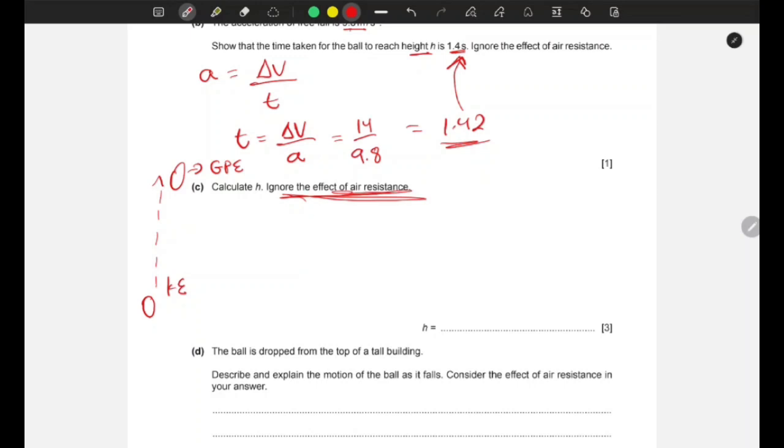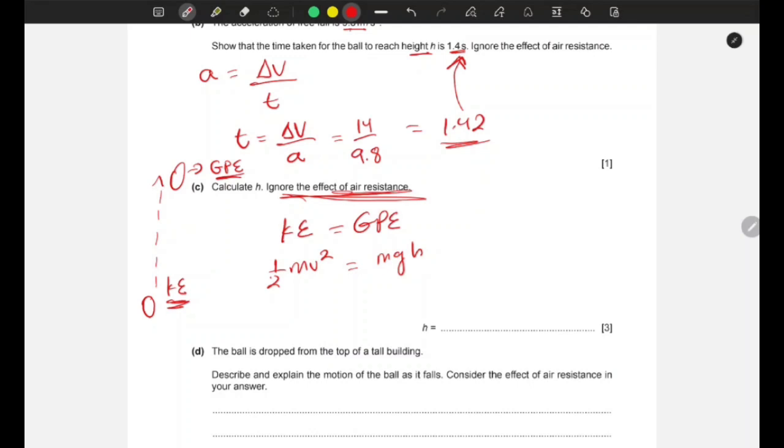Since there's no air resistance, all the kinetic energy is changed into gravitational potential energy. So kinetic energy equals GPE. The formula for kinetic energy is half m v squared, and GPE is mass times gravity times height.